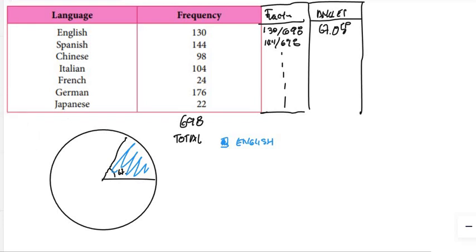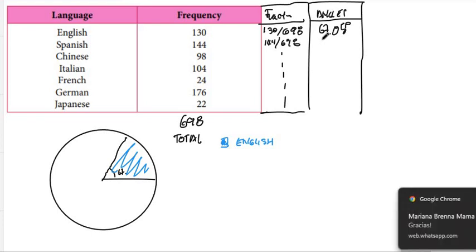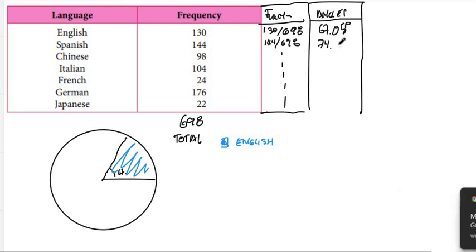Now let's do it for Spanish. Spanish is this fraction multiplied by 360: 144 divided by 698 multiplied by 360. This is the angle, 74.27 degrees. Starting from this side, you measure 74 degrees with a protractor.